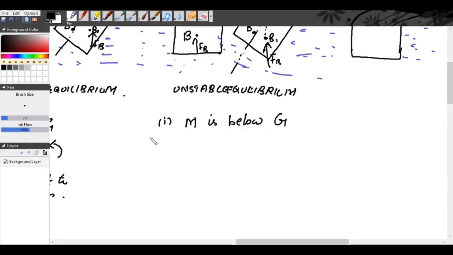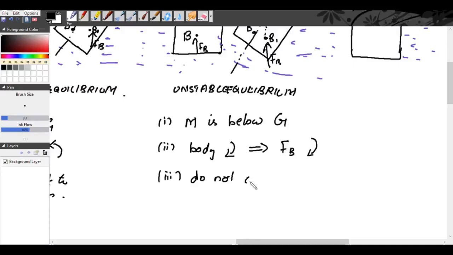The metacentric height is below the center of gravity, and when the body is tilted in the clockwise direction, the force of buoyancy also acts in the clockwise direction, which will make the body unstable. This will result in instability. The body does not come back to its original position.